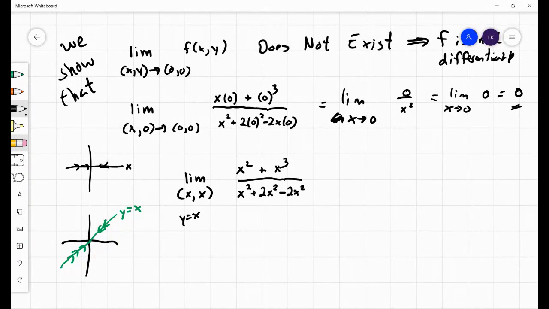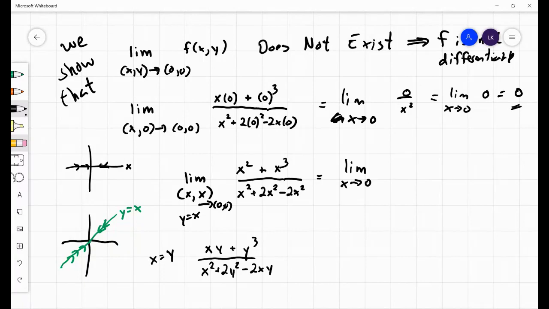Again, I'm just plugging everything into the definition of the function, which was this. Every y became an x. So this is the expression that defined our function. And we're going to the origin, of course. So we get the limit as x goes to 0. And in the denominator, these cancel. You get 1 plus x. So after simplifying and letting x go to 0, at the limit we get 1.